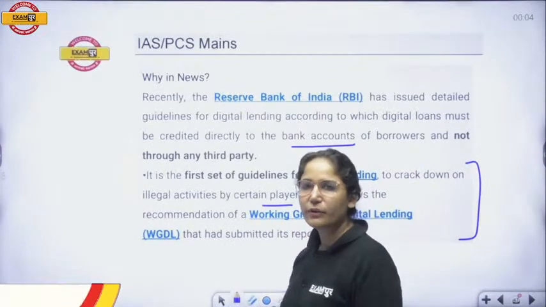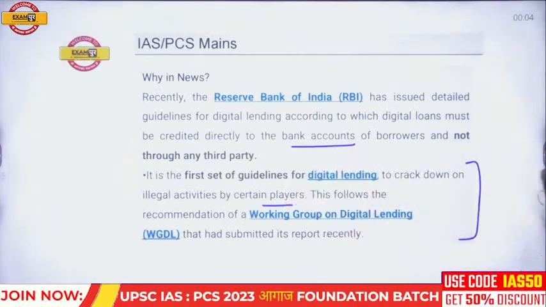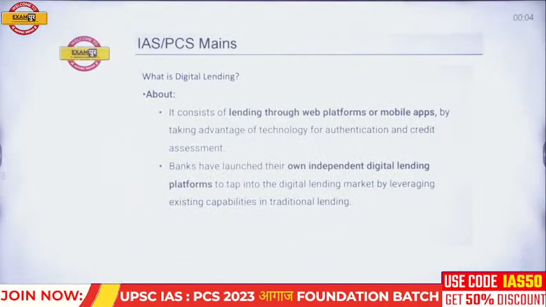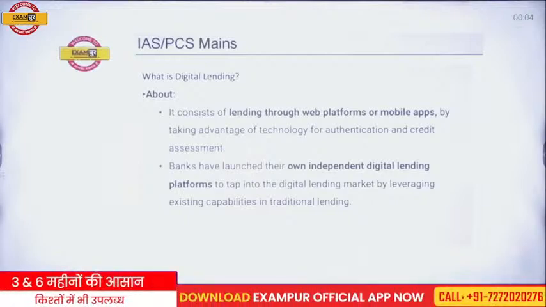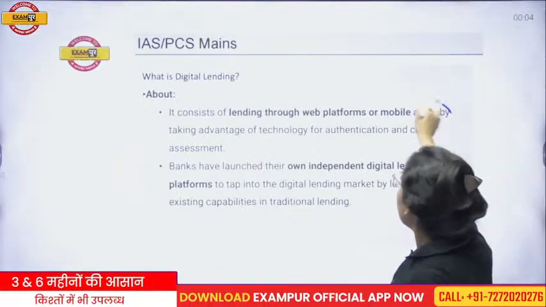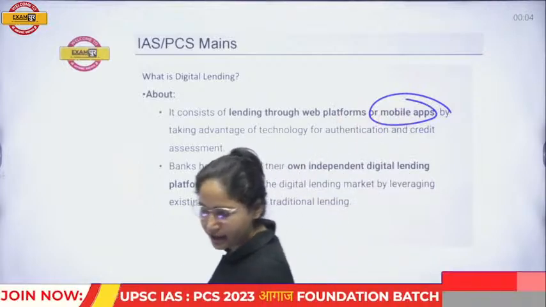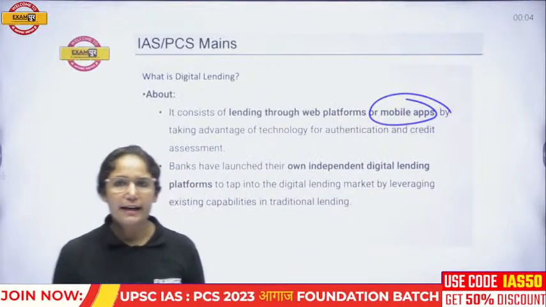And who is working on it? The working group on digital lending. Next, what is digital lending? Lending through a web platform, taking the help of whatever device you use to carry out the lending procedure.